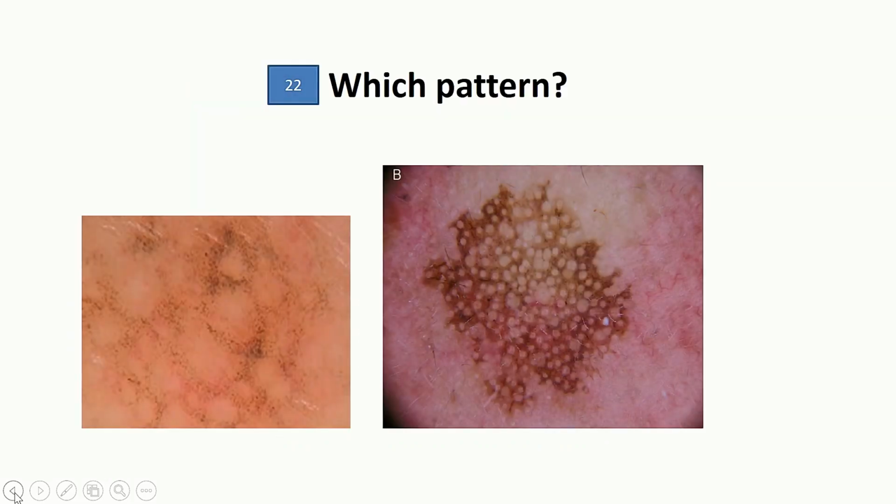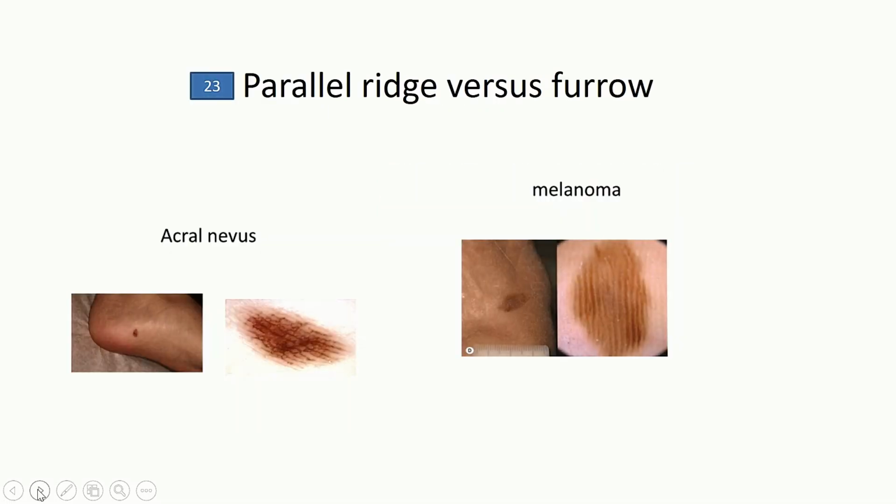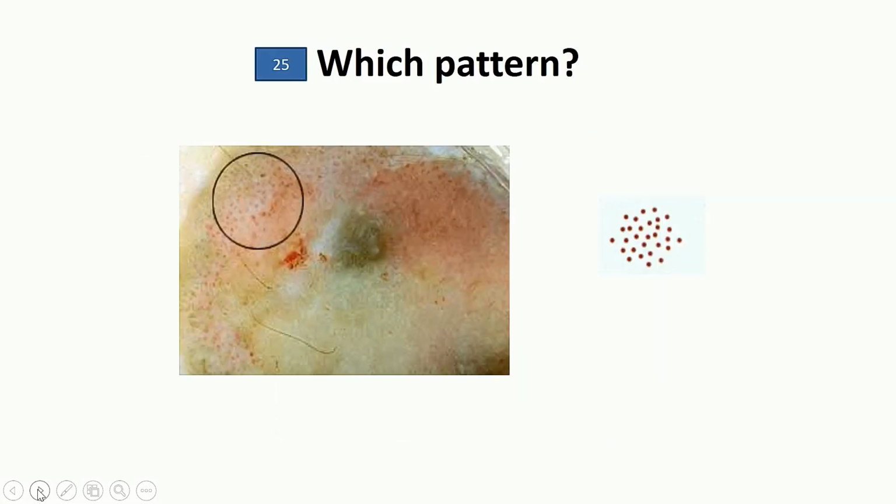So, on melanoma, the board questions up to now were rhomboid pattern for lentigo maligna, ridge pattern for acral melanoma, and here, which pattern?